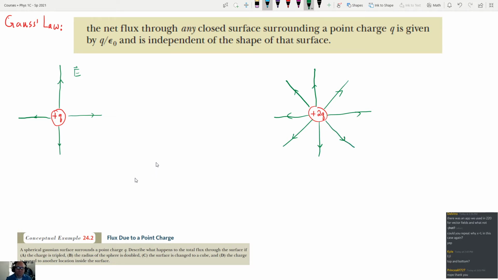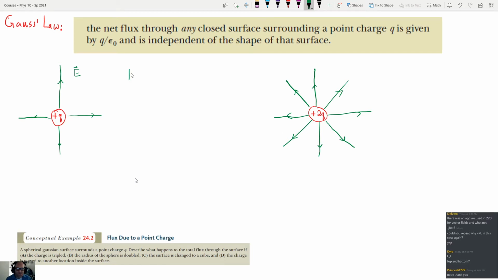When we've talked about the electric field in the past, I told you that the region where the electric field lines are the most dense is where the electric field is the strongest. By density, I mean number of lines per unit area.